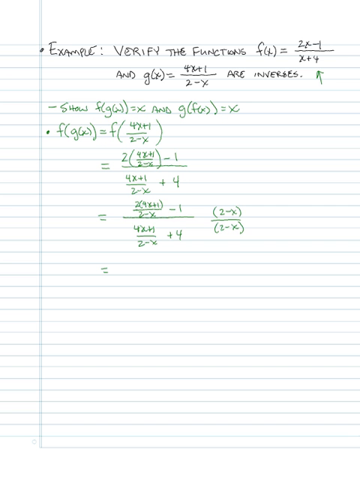So as we do this, what we're really doing, remember, is multiplying that 2 minus x with this fraction and with this 1. And in the bottom, we're multiplying that 2 minus x with this fraction and with this 4. So when we multiply the 2 minus x with this fraction, the 2 minus x will cancel. So we have 2 times (4x plus 1) left in that position.